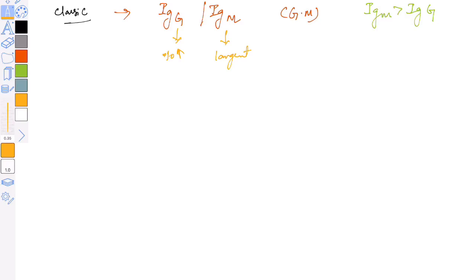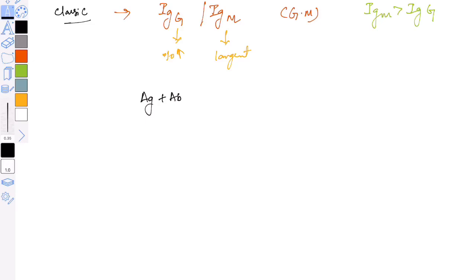So what happens in the classic complement system pathway? As already discussed, for the complement system to get activated, someone should enter into the body. That someone is called the antigen. Once the antigen enters into the body, our body will produce antibodies.